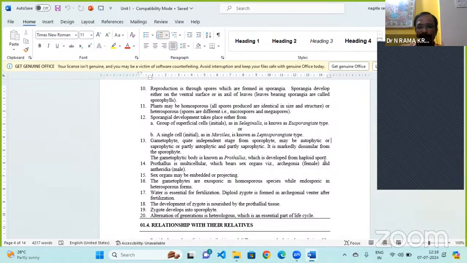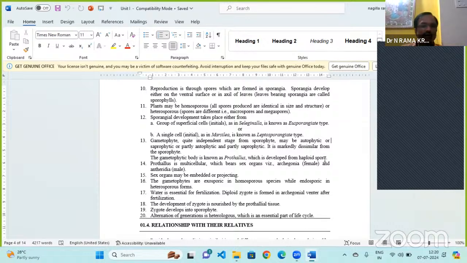What is the endosporic gametophytic generation? The gametophytes develop from the microspores and megaspores. The first one comes from only one type of spore, homospores.